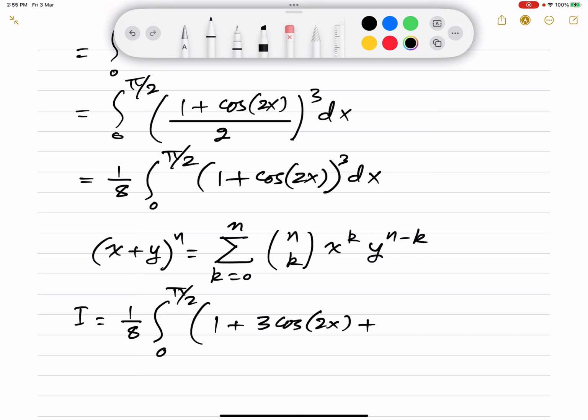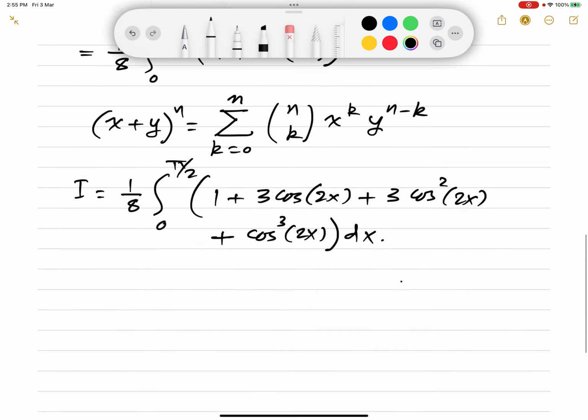And then again 3 choose 2, which is the same as 3 choose 1 because of the symmetry of the binomial coefficient, so that is also going to give us 3 multiplied by 1 to the power 1, and the second term, cosine twice x raised to the power 2, so cosine squared of 2x. And the third term is going to be 3 choose 3, which is 1, times cosine cubed of twice x. And then we close the parentheses.